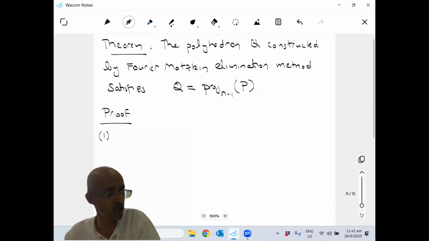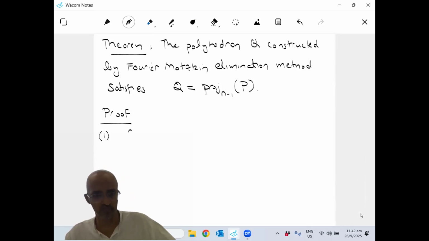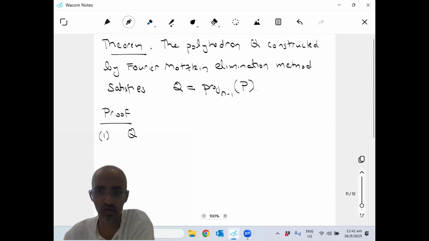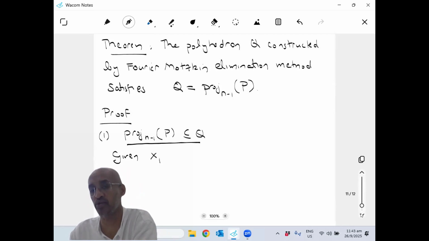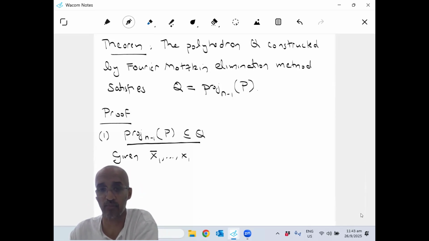So you can argue that Q. Let's maybe first start by showing that the projection of n-1 P is contained in Q. Why is this the case? So given some point, what do I want to show? I want to show any point in this set lies in this set. So given x1 bar up to xn minus 1 bar, the projection is in n-1 dimensions.